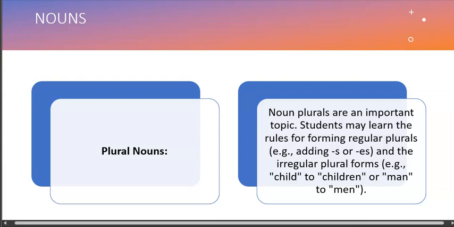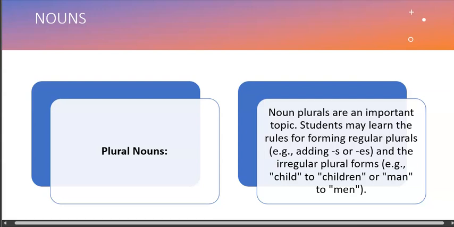So, for regular plurals, we add the s or the es to it, okay? So, for example, here we have the word child. Child goes to children, or man. Man will be changed to men, okay? So we're adding some specific letters to it to make them plural.